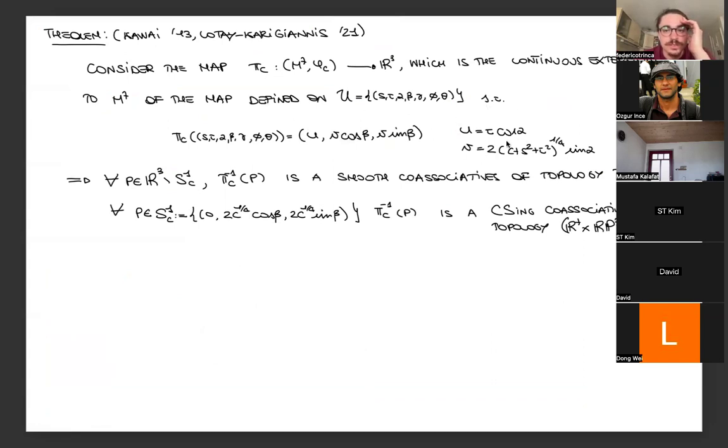So u is the first term, sorry, the third term that was preserved by the ODE system, and v is the second one, and beta was the first one. So the fibers of this map are smooth coassociatives, and you can check that the topology of such coassociatives is T*S^2.